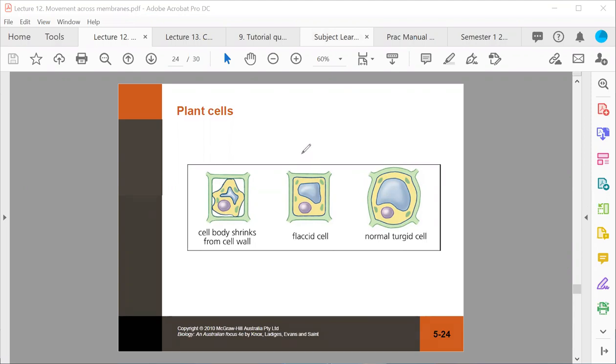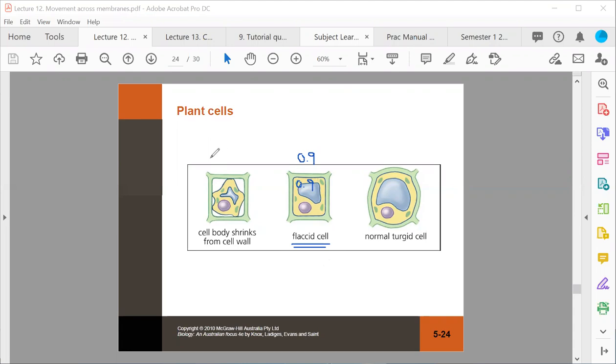Let's say 0.9% outside the cell, 0.9% inside the cell. Same concentration, so there's no net movement of water in either direction. And for plant cells, this means that they remain flaccid. Very different to animal cells. They don't shrink, they don't swell, they just remain flaccid, not the ideal state for a plant cell.